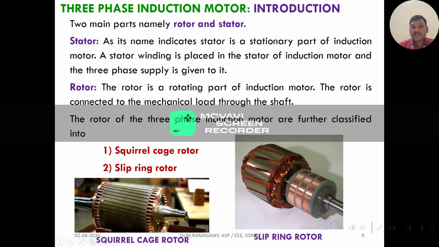These copper bars are inserted over the slots of the rotor, and the two end rings are connected at the outer terminals of the copper bars, and this provides the short circuit for the rotor of the squirrel cage induction machine.